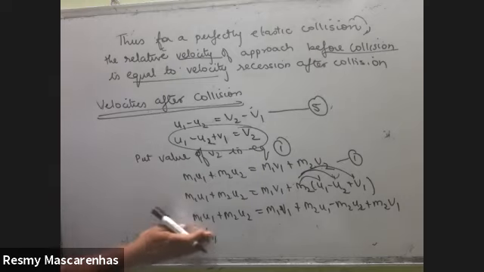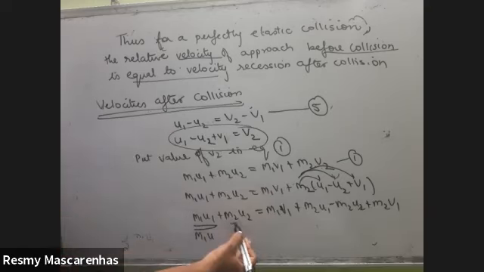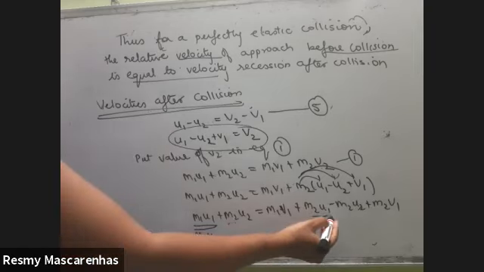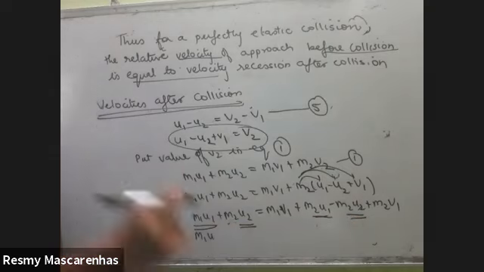So I'll bring the U terms to one side, whichever have U1. Which terms have U1? Here, this one, or U, all the U terms, basically the initial velocity terms. So all the initial velocity terms I'll keep on the left hand side.